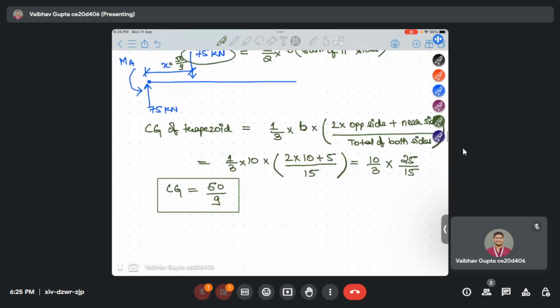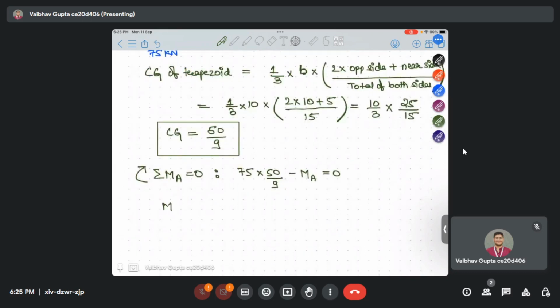So now we'll balance the moment. We'll take clockwise moment as positive and balance the moment equilibrium at point A. What we get is 75 into 50 by 9 minus MA is equal to 0. This is point A, this is point B. So MA we get as 1250 by 3 kilonewton meter.